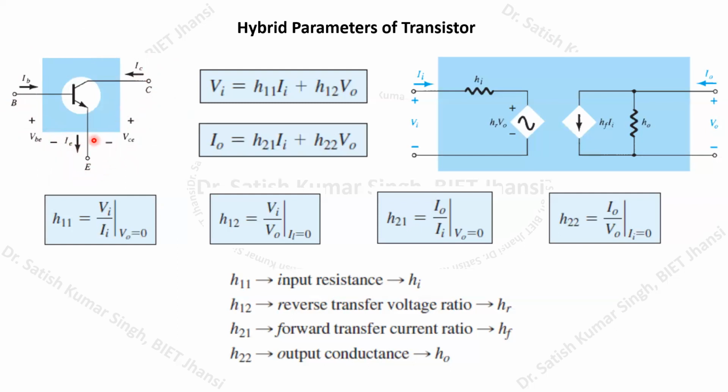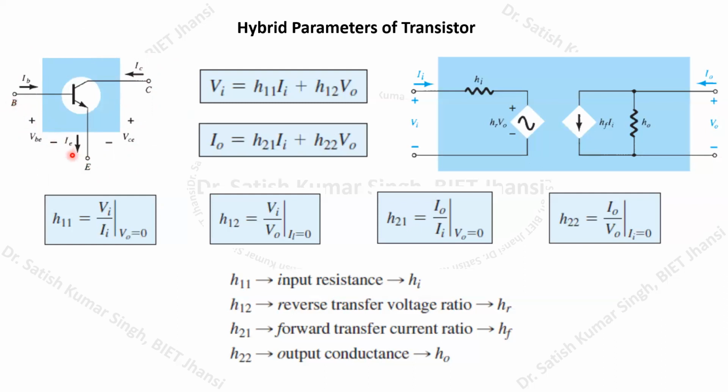One of the terminals is common to the input loop and the output loop. The terminal common to both is called the common terminal, and we refer to common emitter configuration, common base configuration, or common collector configuration.